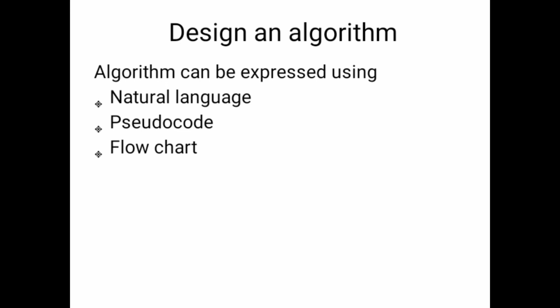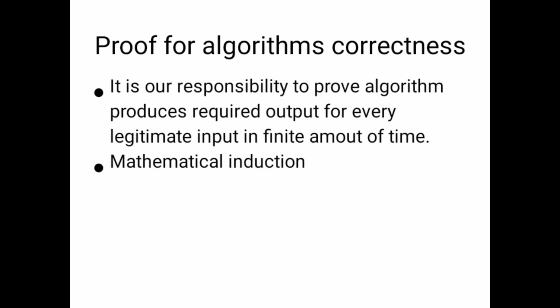An algorithm can be expressed using natural language, pseudocode, and flowchart. Or in a higher level language such as C, C++, anything you can use. Next, you have the proof for the algorithm's correctness.